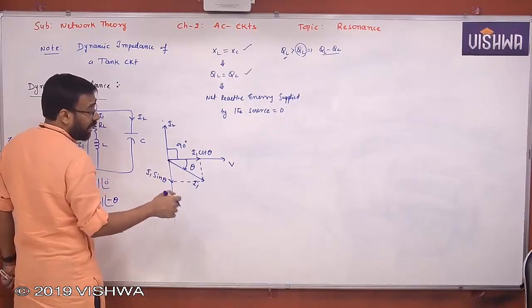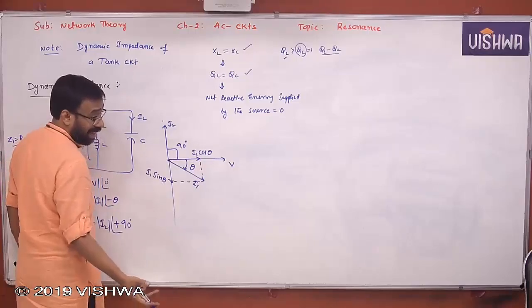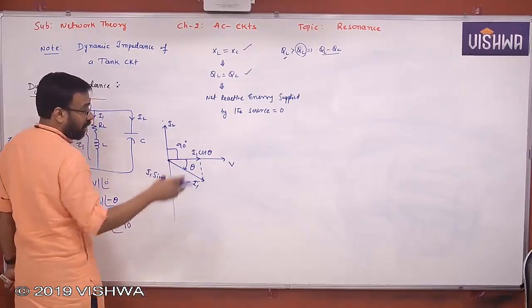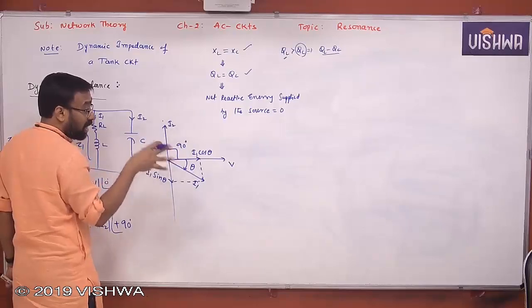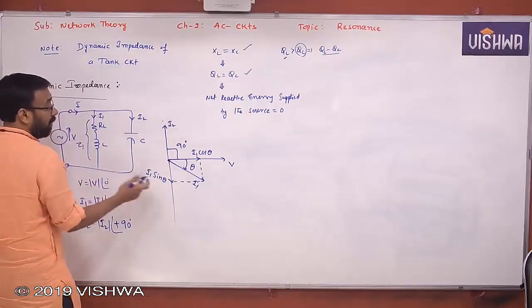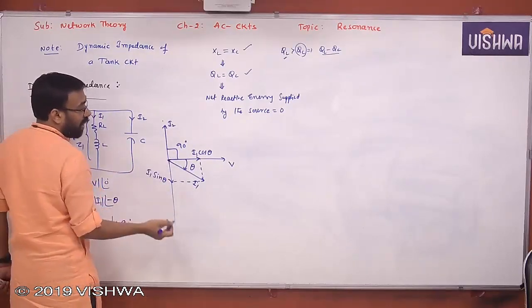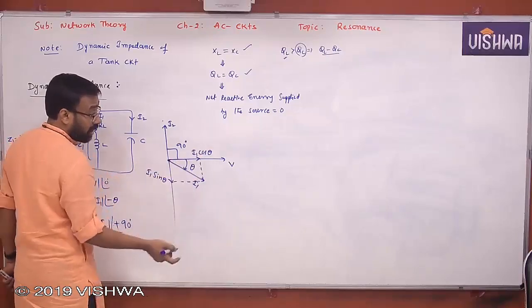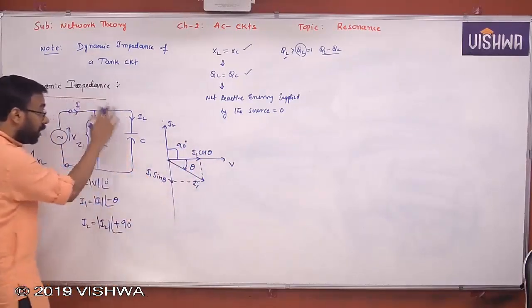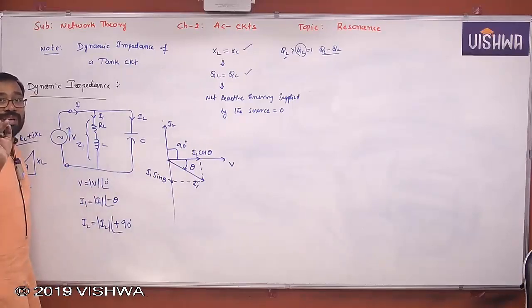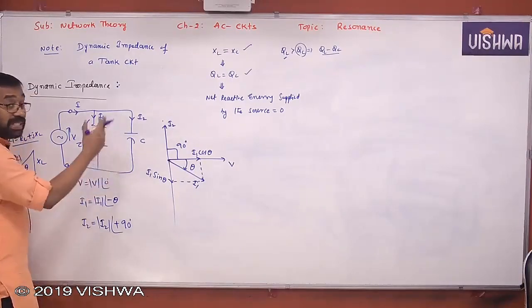I is nothing but I1 cos theta only. All these components, I1 cos theta, I1 sin theta and I2, are there in I, but if these two get cancelled, the total current becomes I1 cos theta. That is in phase with V. The angle difference becomes 0. Then the circuit is said to be resonant. It's very easy to understand from the phasor diagram approach.